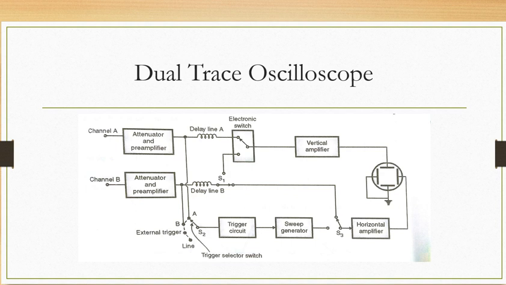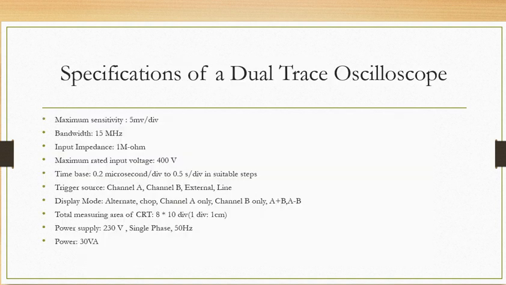Now let us discuss the specification of a dual trace oscilloscope. One thing you have to keep in mind is that the specification will depend upon the oscilloscope that you are using for your application, its company, and based upon that the rating will be there.